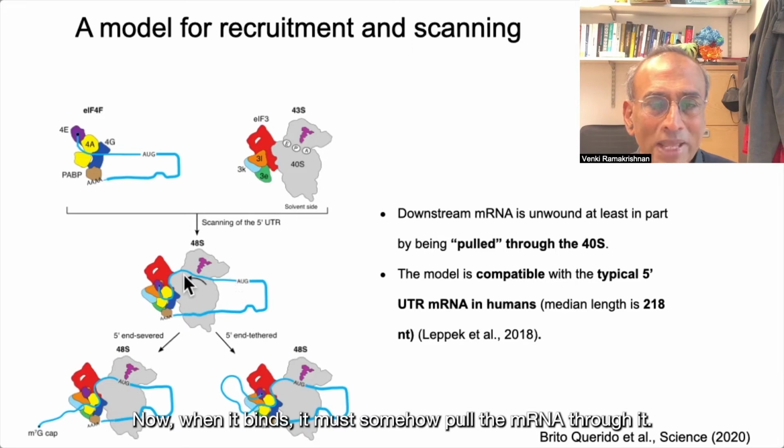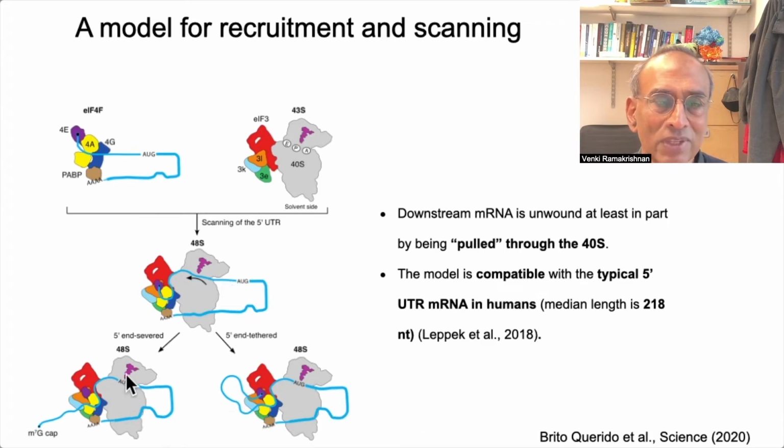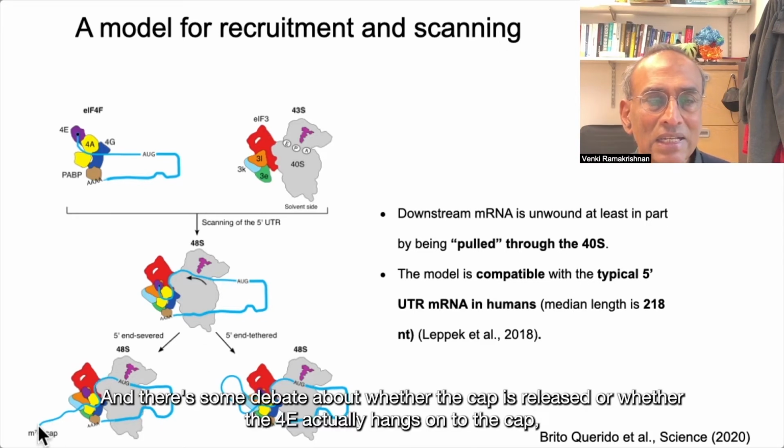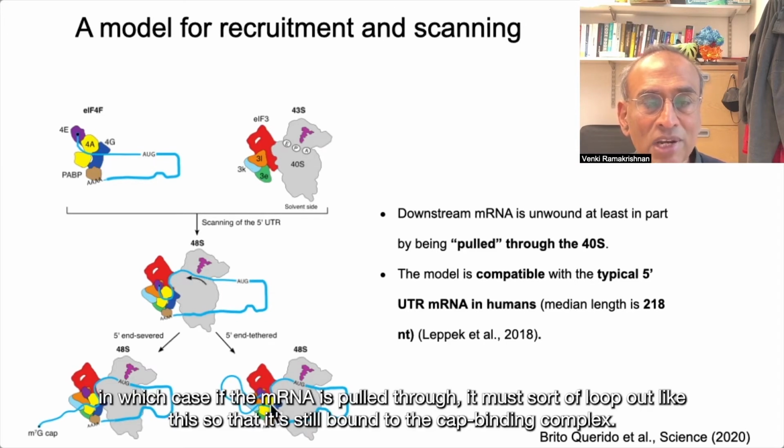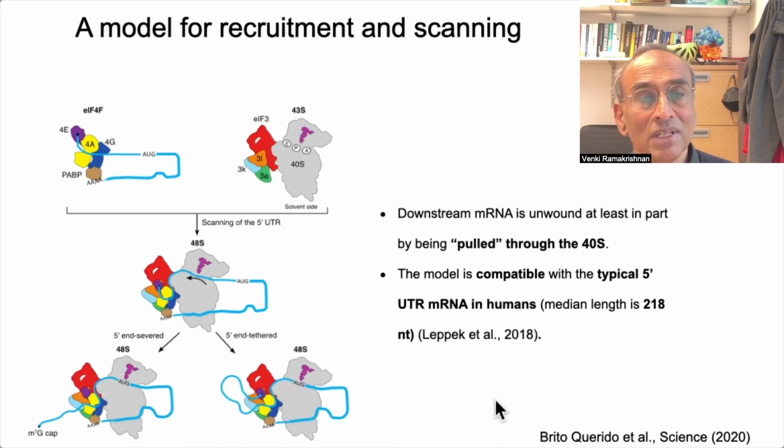Now, when it binds, it must somehow pull the mRNA through it. And there's some debate about whether the cap is released or whether the 4F actually hangs on to the cap, in which case if the mRNA is pulled through, it must sort of loop out like this so that it's still bound to the cap binding complex.